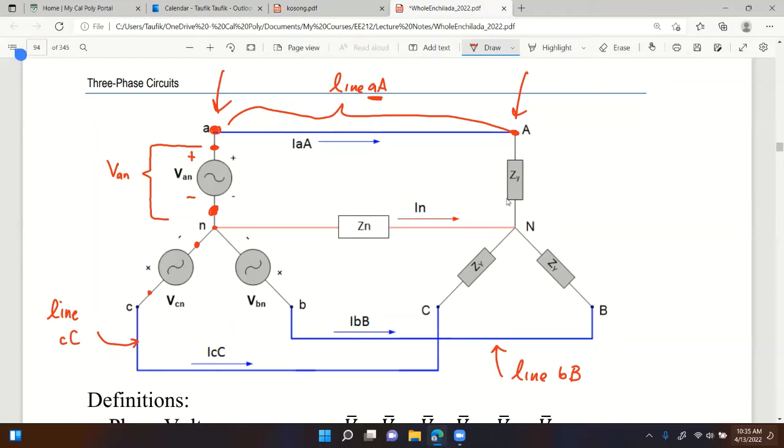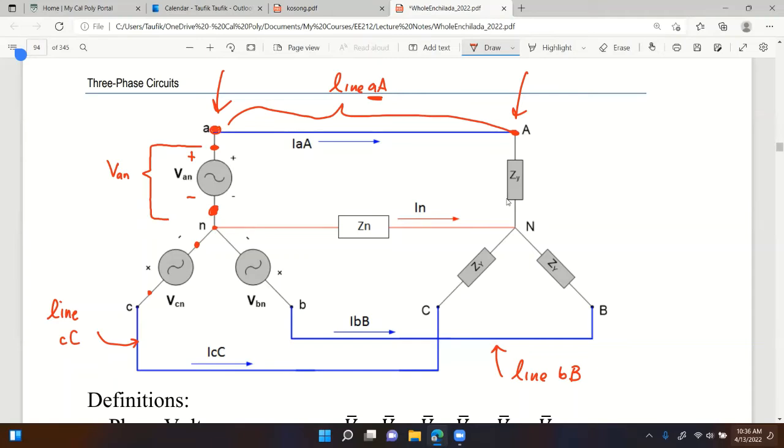Any questions about this first? So we have three different lines connecting the source to the load. Now, let's go back to the definition of line voltage. As the name implies, line to line voltage. It means the voltage that appears from line to line. Well, let's see how many line to lines we have.